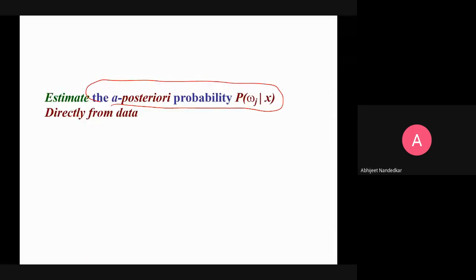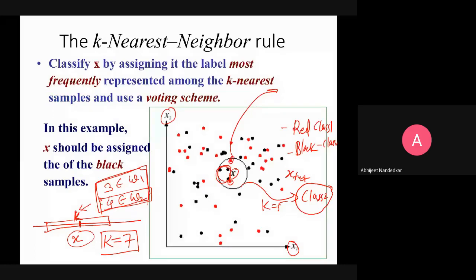So in the last class we started this posterior probability estimation, that is probability omega j given x, directly from data. The method that we saw was k nearest neighbor. In this, we take the samples given to us and we take x test, the sample which is to be classified, and take a circle around it, and then we search for k samples.